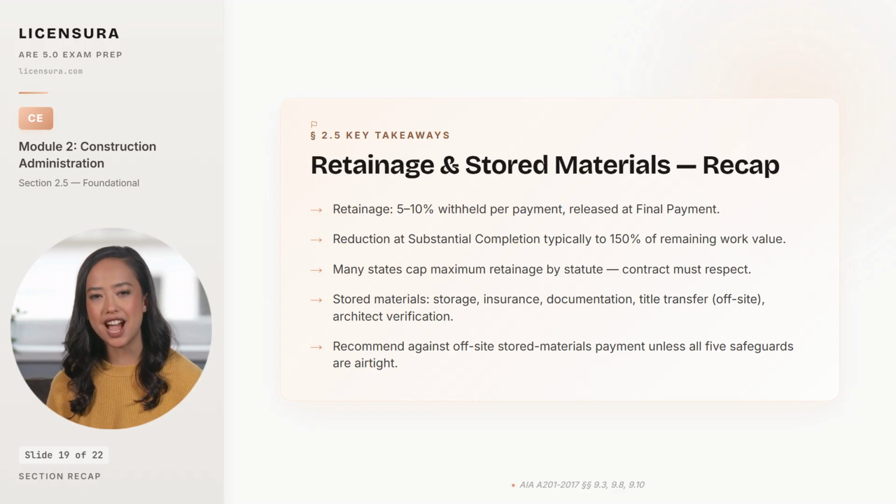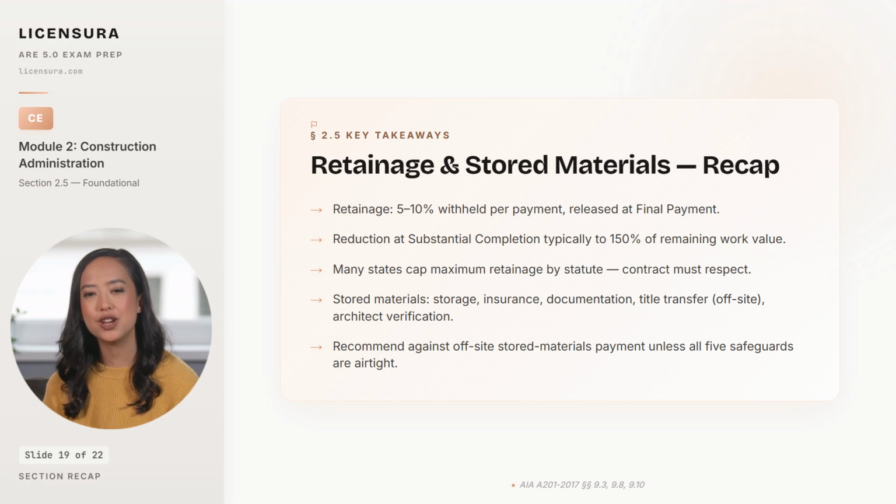Many states cap maximum allowable retainage by statute, so the contract must respect the statutory limit, and the architect should know the cap in the project's jurisdiction. Stored materials payment requires 5 safeguards: proper storage, insurance with owner named as additional insured, complete documentation, bills of sale transferring title for off-site storage, and architect verification.